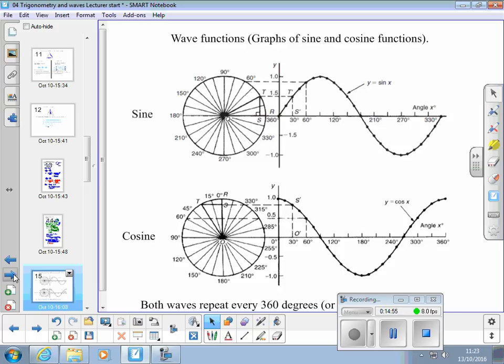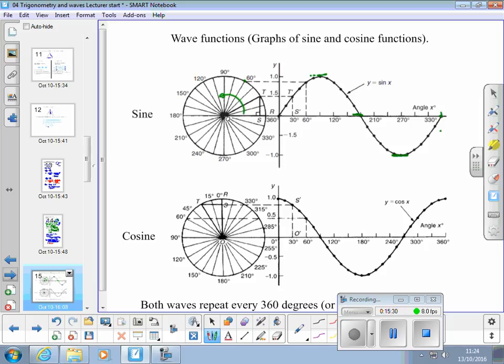If we look at it in terms of sine from 0 degrees around, and we graph that on a linear axis, of degrees on the x-axis, height of this position here on the y-axis. For sine, we get a sine wave that starts at 0, peaks at 1 there, goes through 0 again, goes through a negative peak, and back to 0 at 360 degrees.